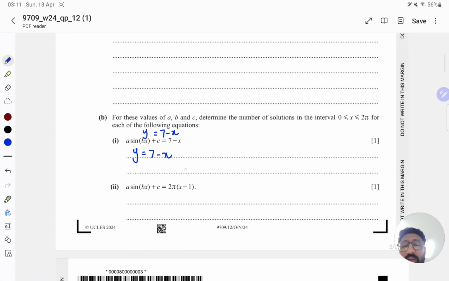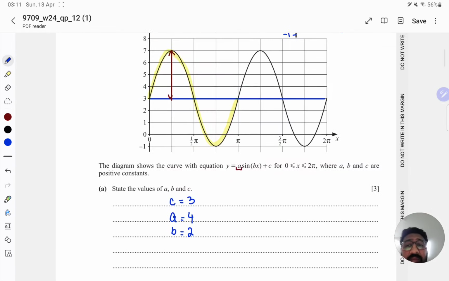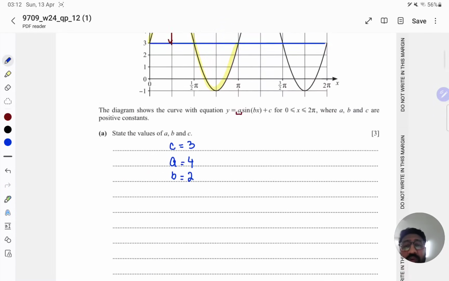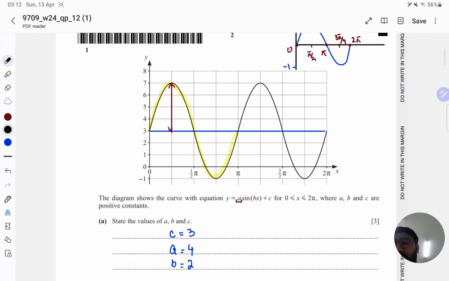The first value I can sketch is this: if the value of x is 0, the value on the y-axis will be 7. So this point is going to be right here.